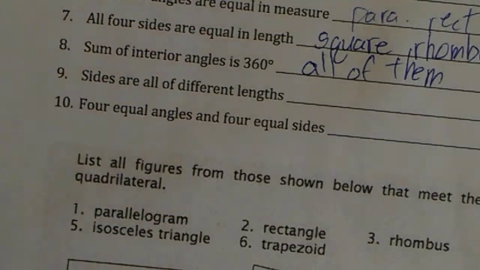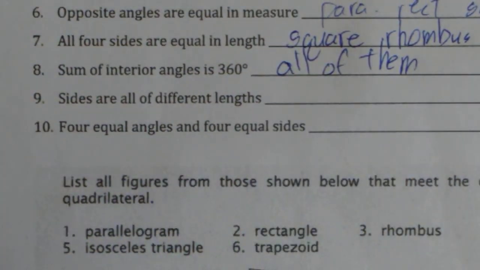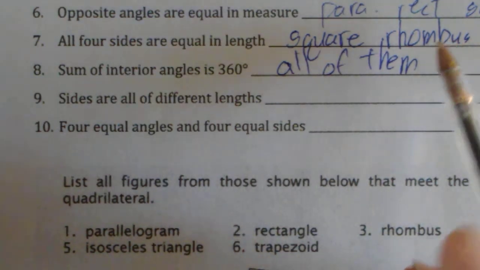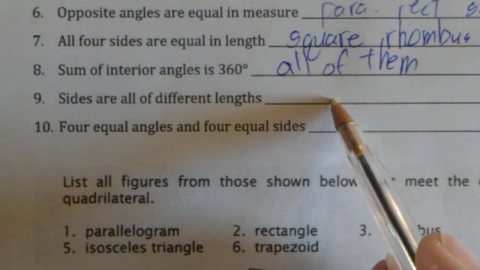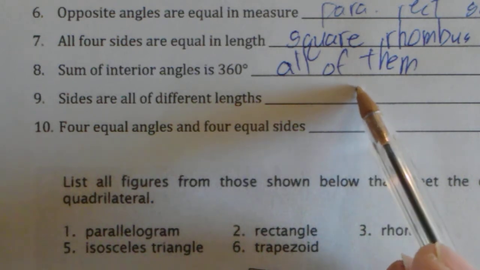I'll have to look that one up. It could be a trapezoid, though. It cannot be a square, cannot be a rectangle, cannot be a rhombus. It cannot be a parallelogram. It could be a trapezoid, and it could be, of course, the quadrilateral.